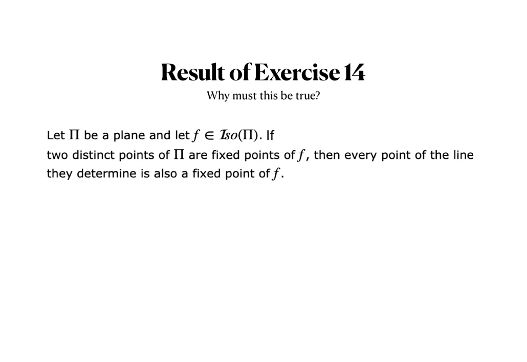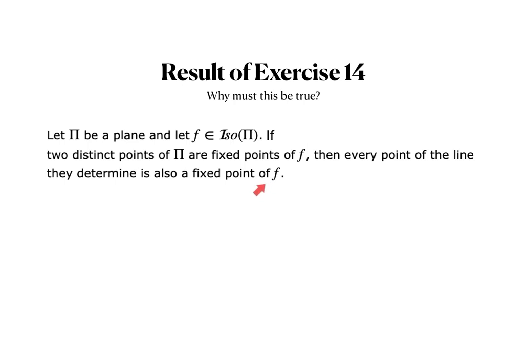This is the result of exercise 14. We're going to let pi be a plane, and we're going to let F be an isometry of the plane. If two distinct points of pi are fixed points of F, then every point of the line they determine is also a fixed point. So let's think about why this is true. Remember, an isometry is the composite of line reflections.